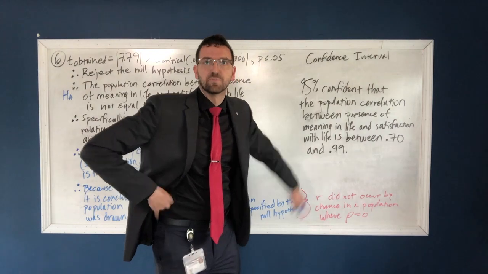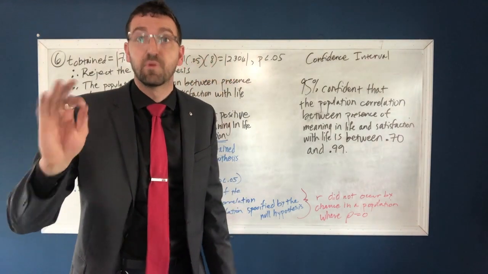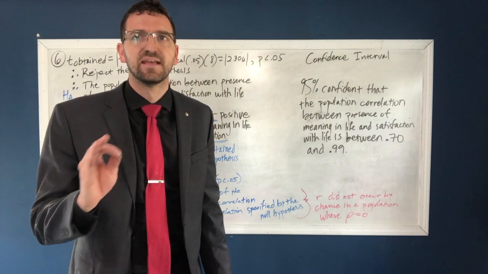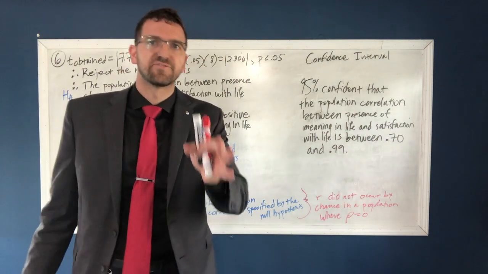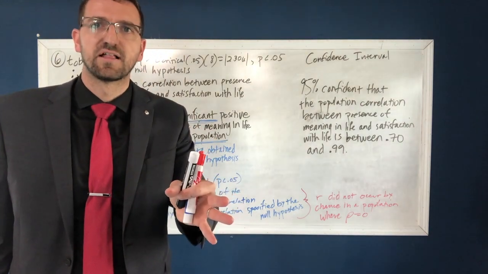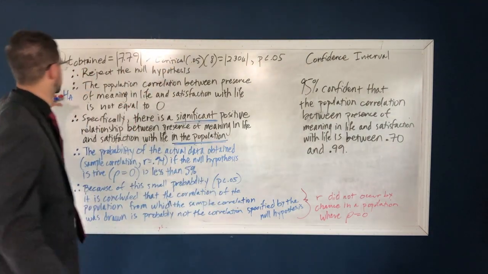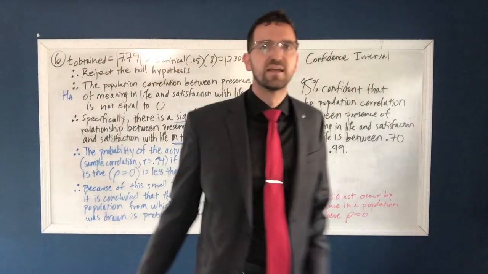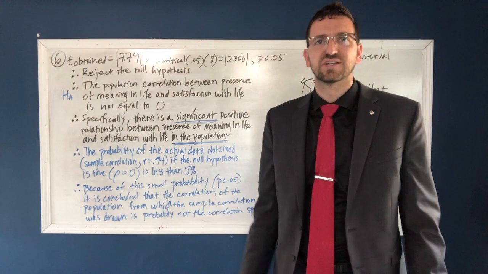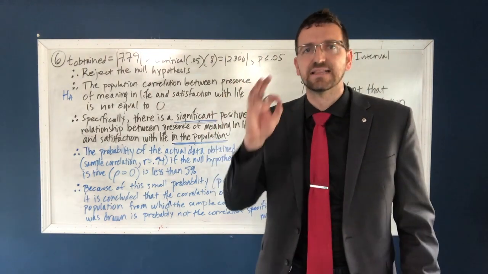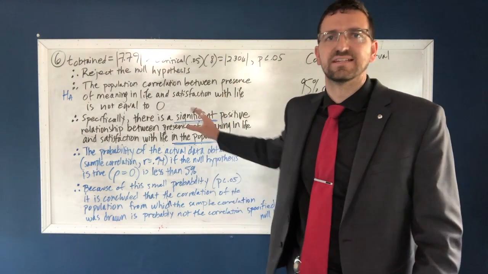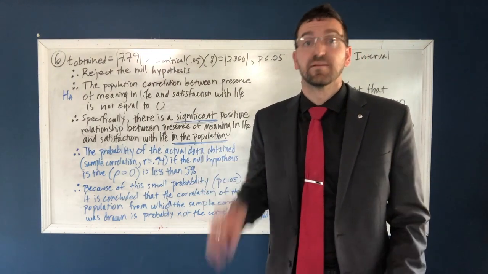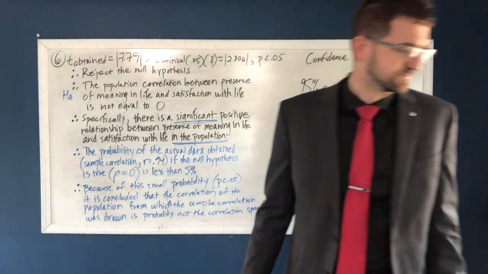No, because our population correlation is somewhere between 0.7 and 0.99. 0 is not included in the confidence interval, therefore we can reject the null hypothesis and interpret the alternative hypothesis. So see how these two things line up. I really like confidence interval. It just adds a lot more to this analysis, and it's really not much more work.